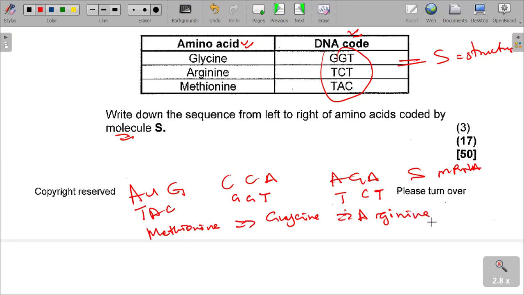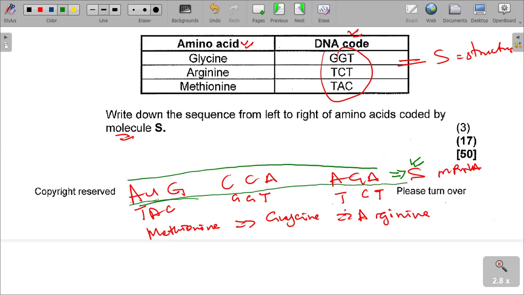This is the order where they are saying write down the sequence from left to right of amino acids coded by S. So our S structure class is given like this.